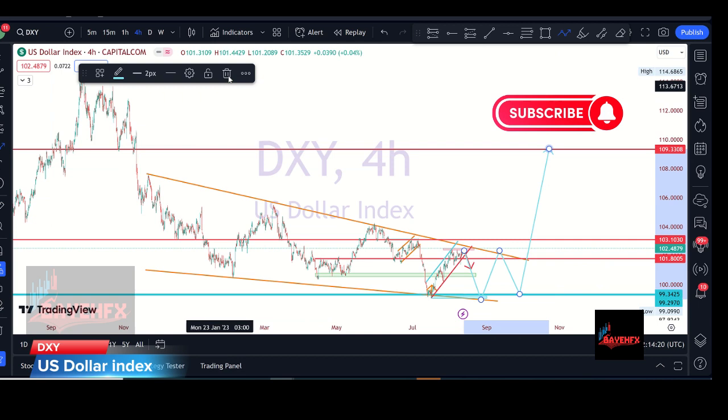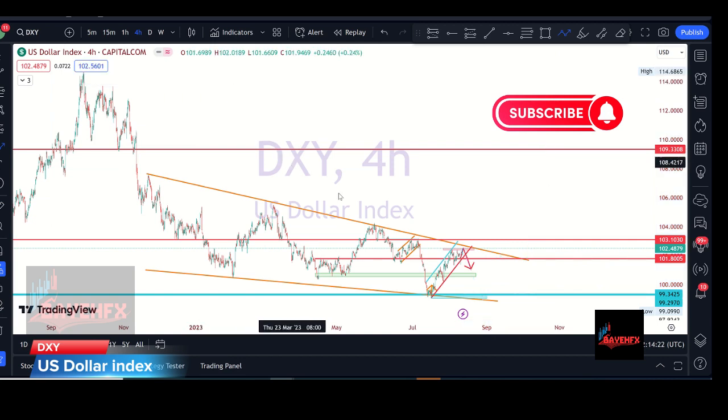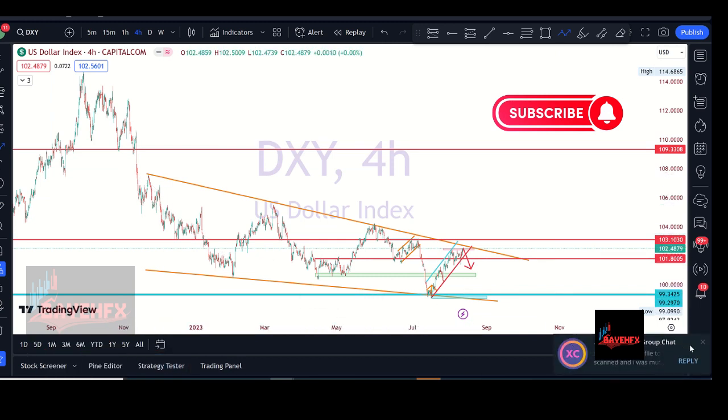But on this particular time frame you're seeing, this could take months or even weeks, because you can see as we're crashing down, a bearish impulse move, and then a bullish correction, a bearish impulse move, a bullish correction, a bearish impulse move, and then we are now in the bullish correction.